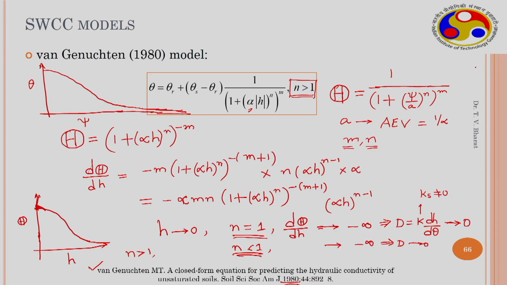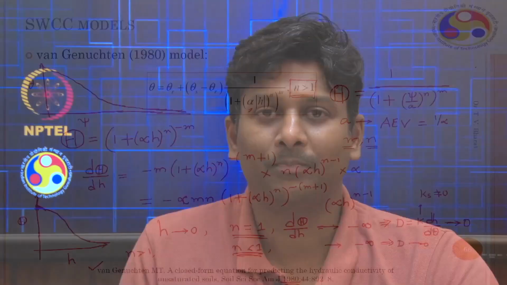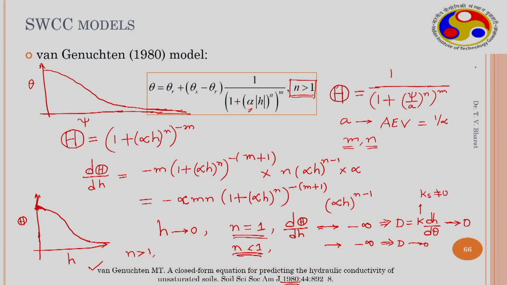You would see that this never becomes 0, it only approaches 0 at any given suction value, which is physically not correct, because from a thermodynamic point of view, it has been observed that when the suction value is 10 power 6 kilopascal, that is 1000 megapascal, the water content should become 0. However, in the Van Genuchten model that doesn't happen.